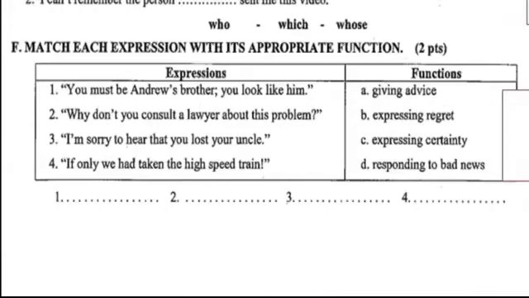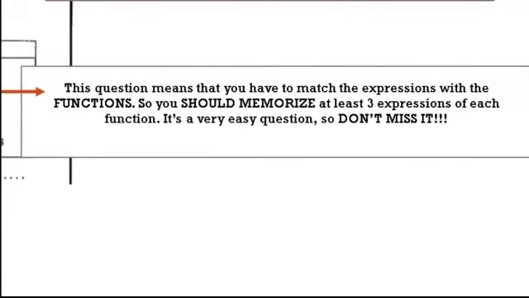Here we have, as you can see, I think this is the classic example of functions. You're going to have a chart, with expressions on the first side and functions on the other side. You have to define which function you've got. So you should memorize at least three expressions of each function. It's a very easy question, so don't miss it.